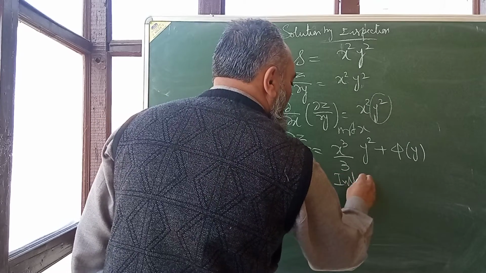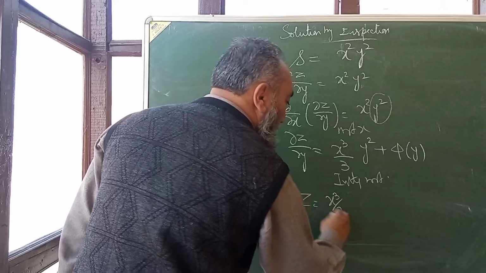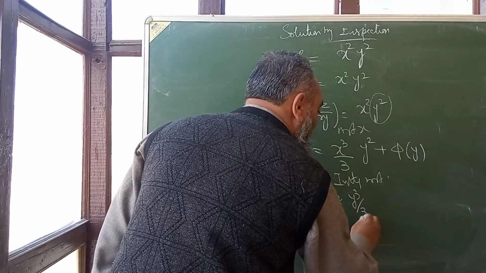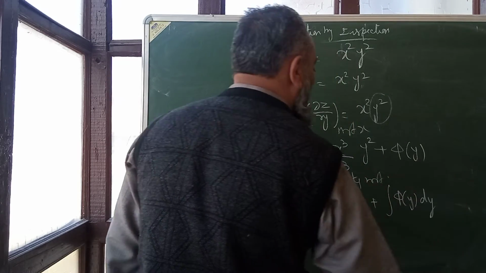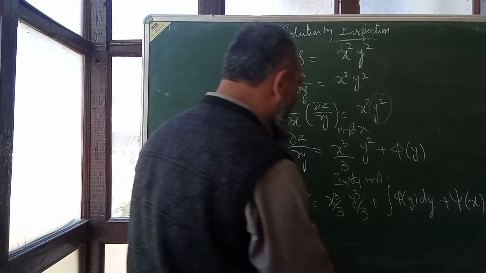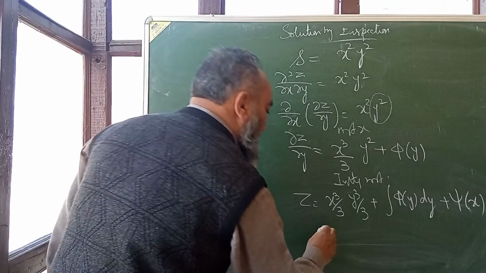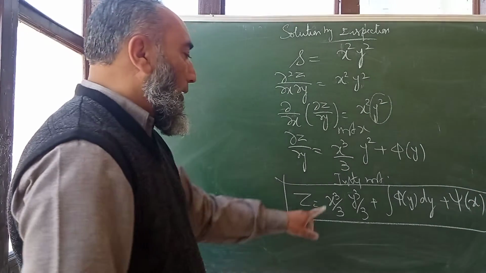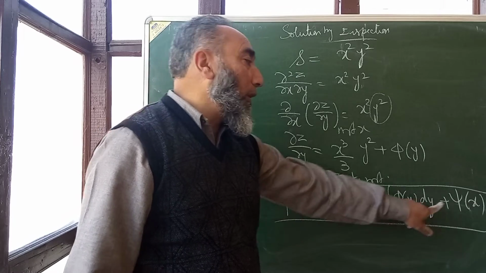You will get z equal to x cube by 3, which is constant because you are integrating with respect to y, times y cube by 3, plus a function of x as the constant of integration because you are integrating with respect to y. This is the solution. You can put it like this, or you can write x cube y cube by 9 plus some other function of y, say capital F of y, and psi of x.